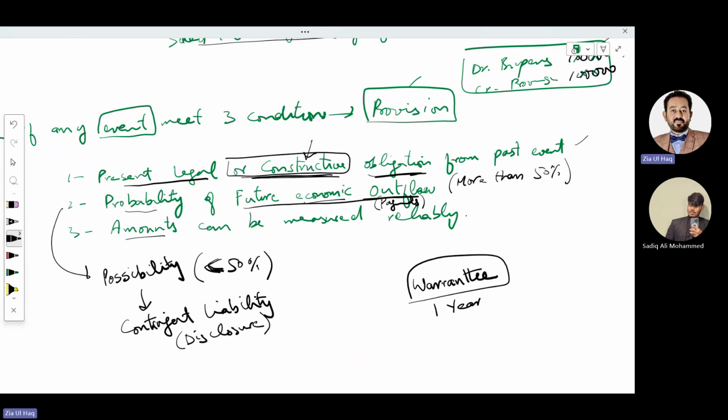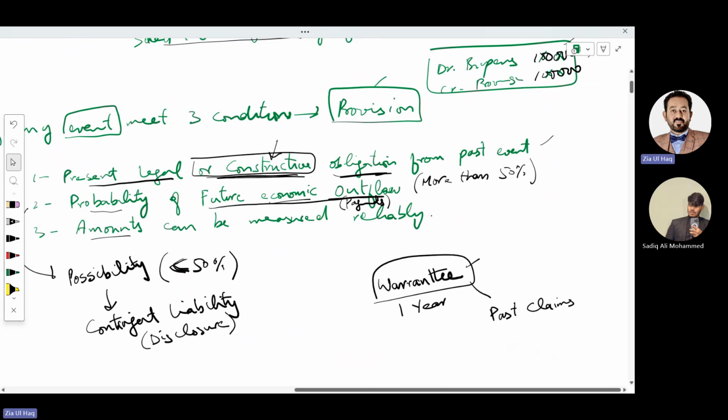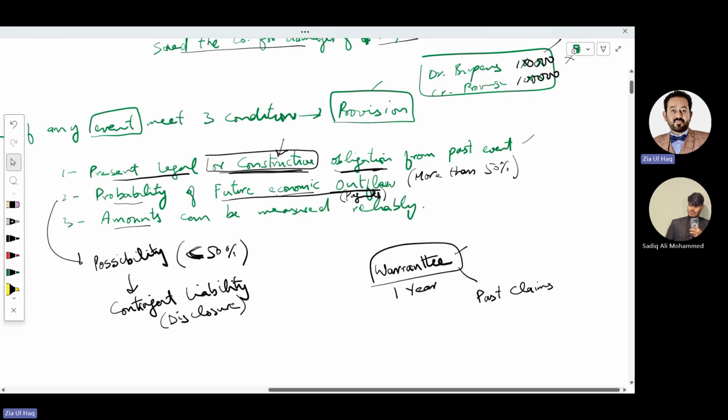This means if the company has provided warranty, there are chances of future outflow. So the company needs to create a provision, and how much amount depends upon past warranty claims. Meaning in the previous year, how much claims customers received against warranty, how much you paid to the customers against warranty. Suppose that figure is 50,000. This means for 50,000 you need to create a provision.